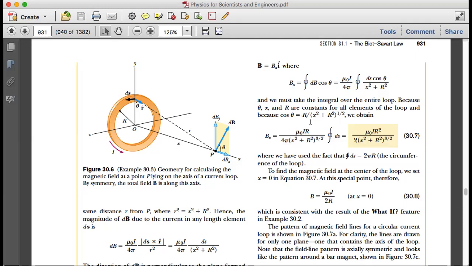Then we get this Bx for this ring, the magnetic field at this point P. If we take the center of this ring, it means that we take x to 0. Then we get this.